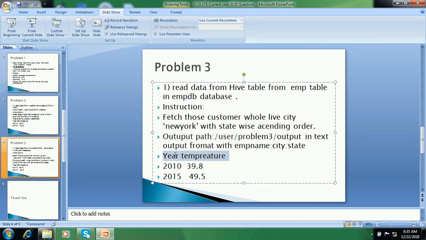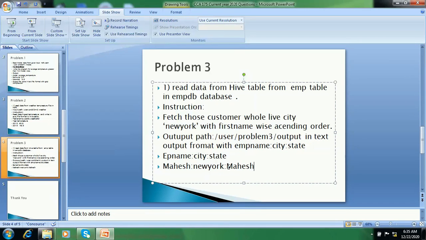The data should be in such a way: employee name colon city colon state, and the values should be like the name, then the city New York, and if it is first name-wise, then ascending order. So the data should come in such a way.